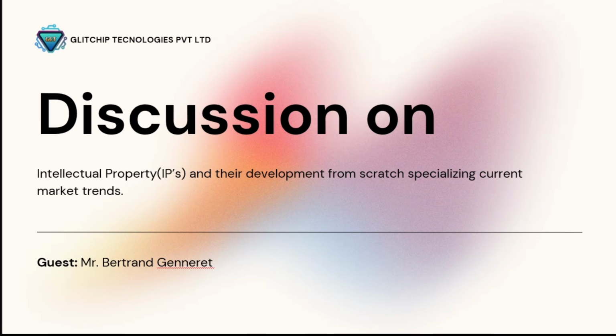Verification IP. Verification IP is a separate business, right? This kind of IP is used to verify and ensure the quality, safety, and compliance of products. It may include some standards, certification, and testing protocols.